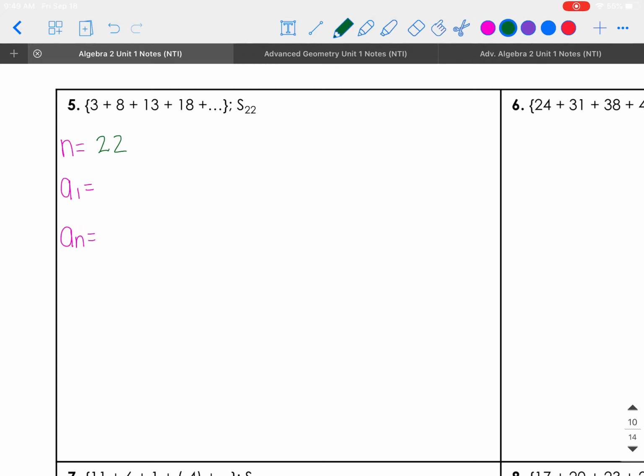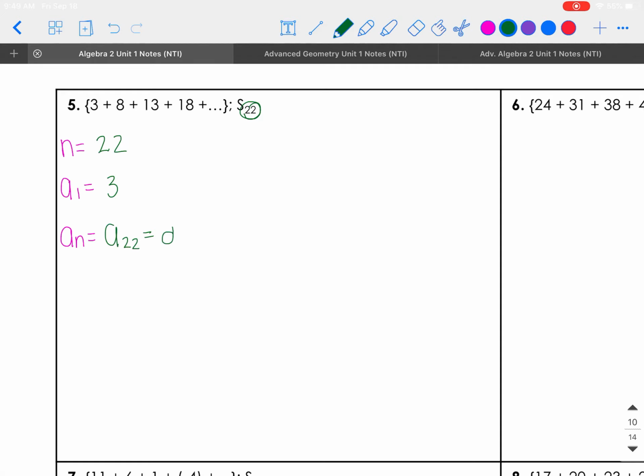So I know that N equals 22 because that's how many terms I'm adding together. A1 is 3. And so AN is going to be A22. That means only the 22nd term.